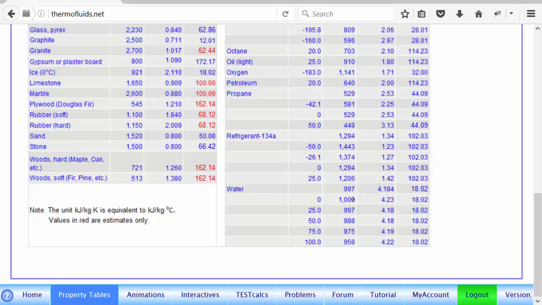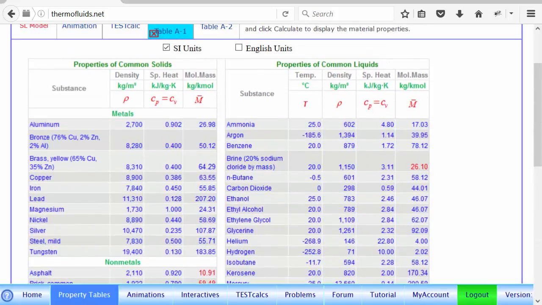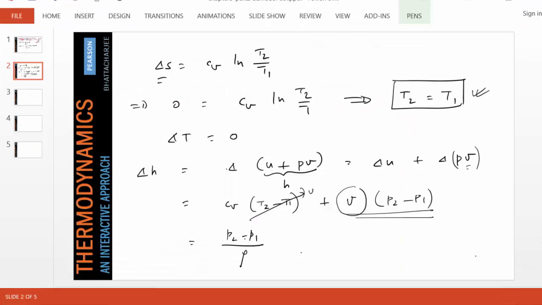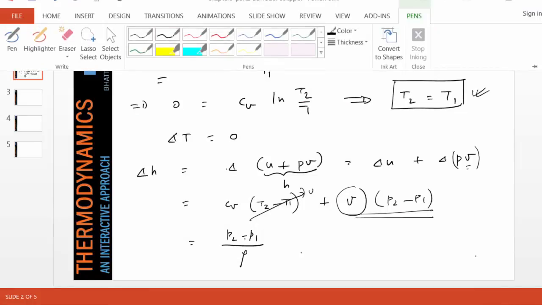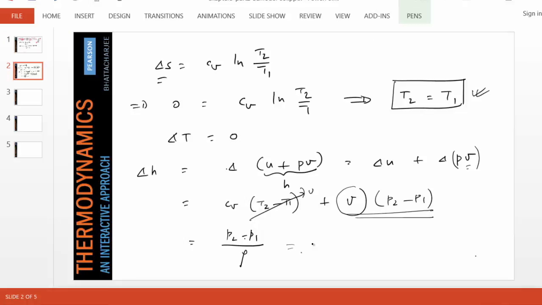It's assumed constant in the SL model. Here, variation of water density with temperature is given, but whatever value you pick, your answer will not vary much. So taking 1000, we get (5000 minus 100) divided by 1000, which turns out to be about 4.9 kilojoule per kg.